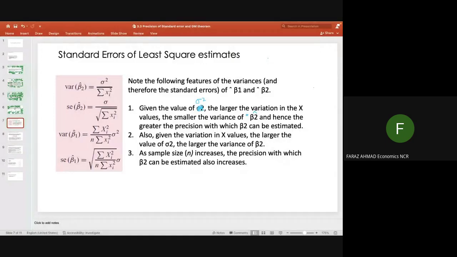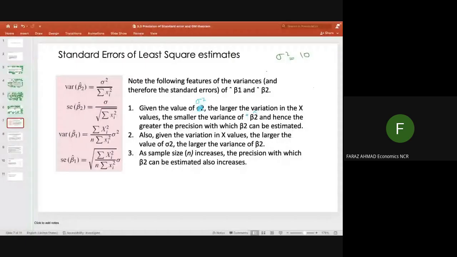Now, can anyone tell me what's going on in point number one? All right, let me explain. If there is a given value of sigma squared, suppose sigma squared is 10.